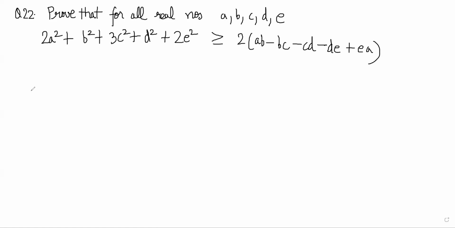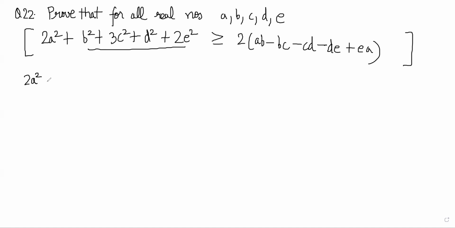Okay, so again, the question has 5 variables, but you can make it easier by thinking of it as a question involving just a quadratic in a. So I'll say like this: 2a square is the quadratic term. These are all constant terms. You get a minus 2ab and a minus 2ea.